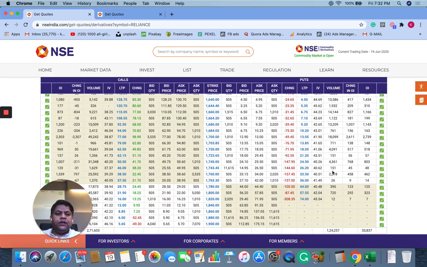And in put, it is much better for him that you buy something which is far away again, but in the reverse order. So 1763 is the strike price, 1763 is the underlying price. Now, if the market crashes tomorrow, it may go to 1600, 1500, 1400, or 1300. But for an option seller, the farther the strike price is, the more beneficial it will be for him, right?